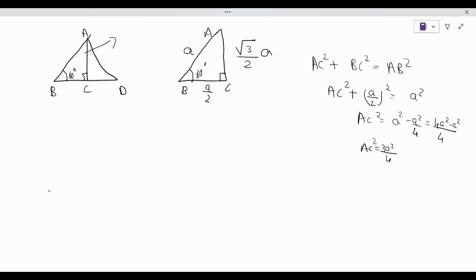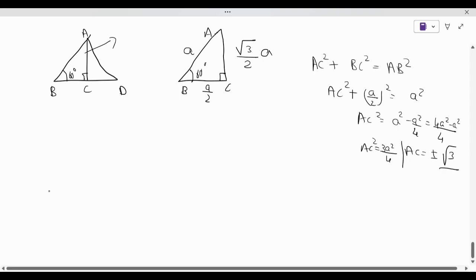So AC will be equal to plus or minus root 3 by 2A, but since distance is measured only in positive, AC is equal to plus root 3 by 2A.